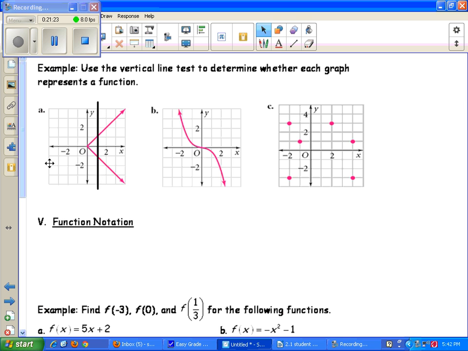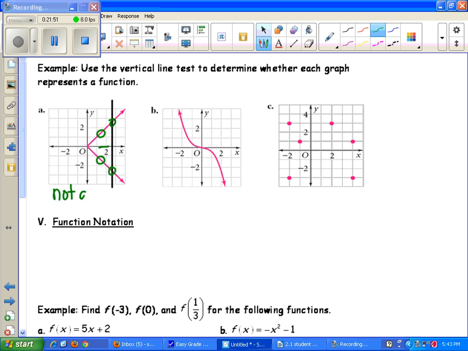You notice that it hits in many places. It's hitting right here and right there. As we go across, it changes depending on where our line is. Even as we keep moving, it's again hitting here and here. Because of that, this does not pass the vertical line test, so this would not be a function.